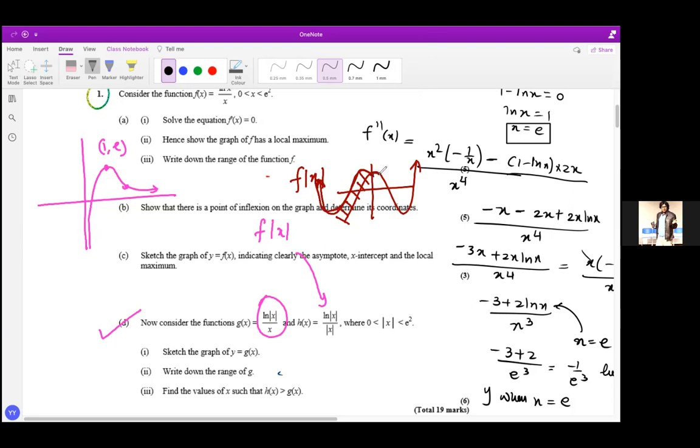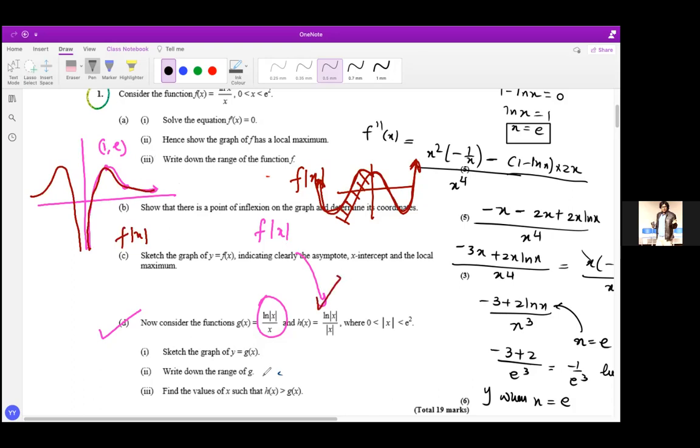That's your f of absolute value of x graph. In this question you don't see any negative side, so you just have to reflect the remaining part in the y-axis. Along with this is the graph of f of absolute value x. So this is the graph of h of x.